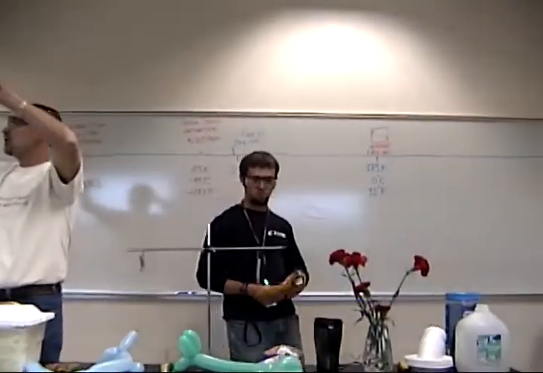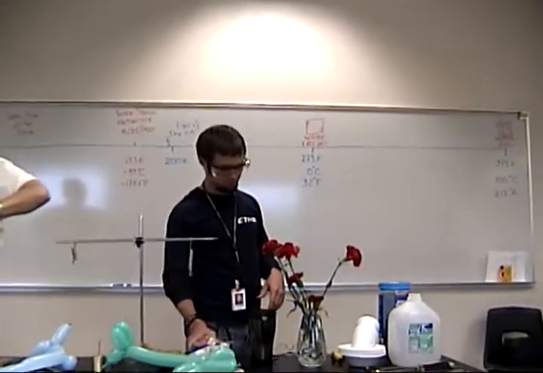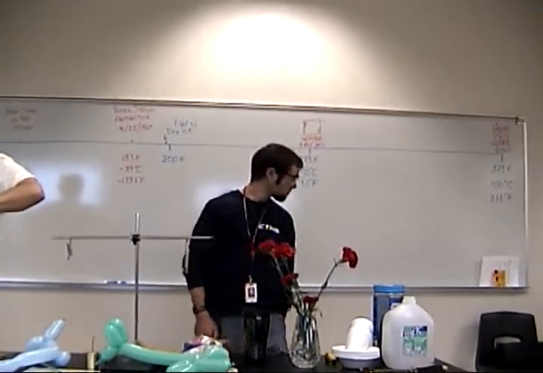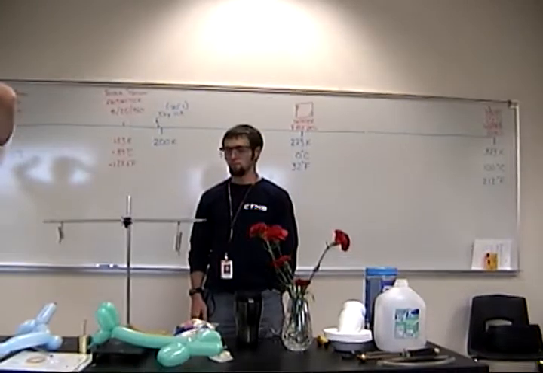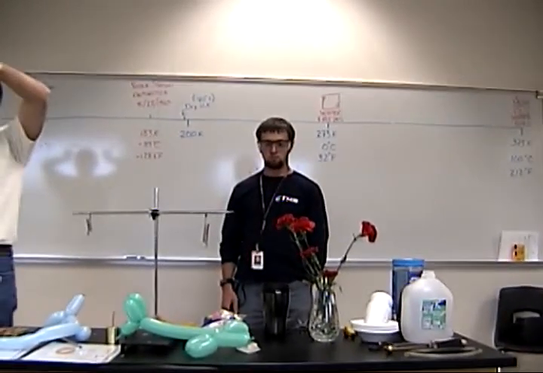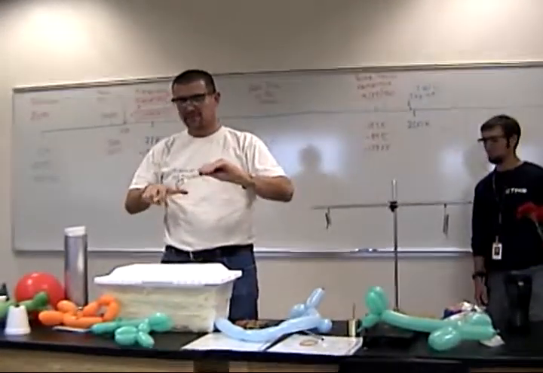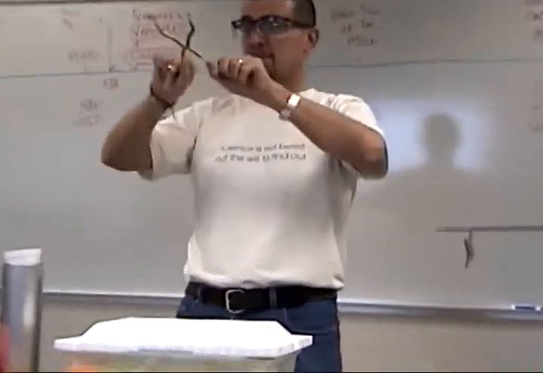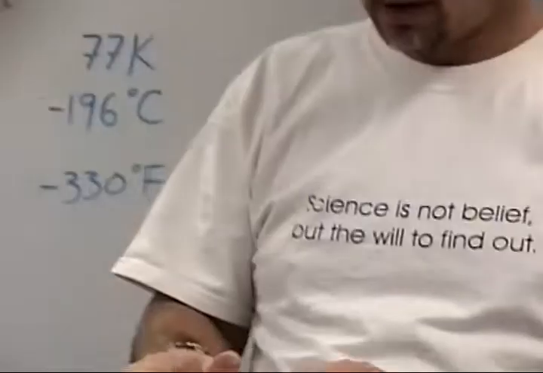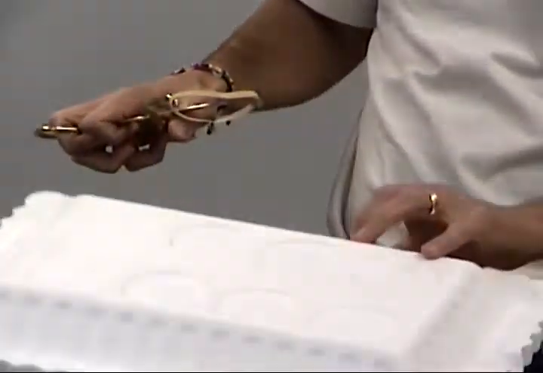So if stretchy things become less stretchy, what if I pre-stretch a rubber band and put it in there? I pull it out frozen? Should I keep my fingers in here and do it? No, because then the tips of my fingers would become incredibly inflexible. So I'll do it this way instead. If I take my rubber band and stretch it, you can see how big it is unstretched.